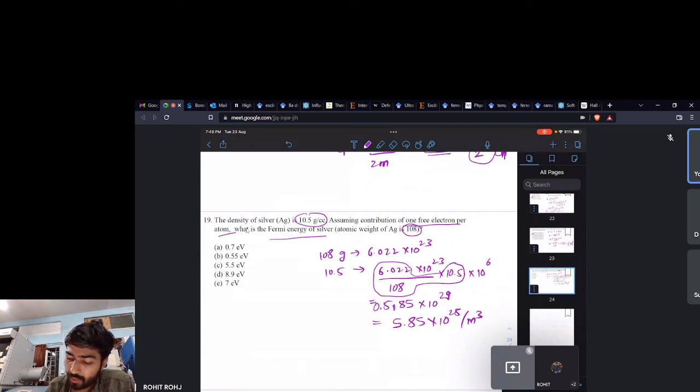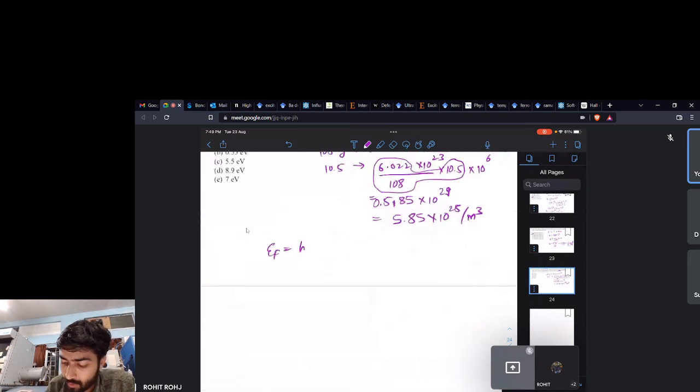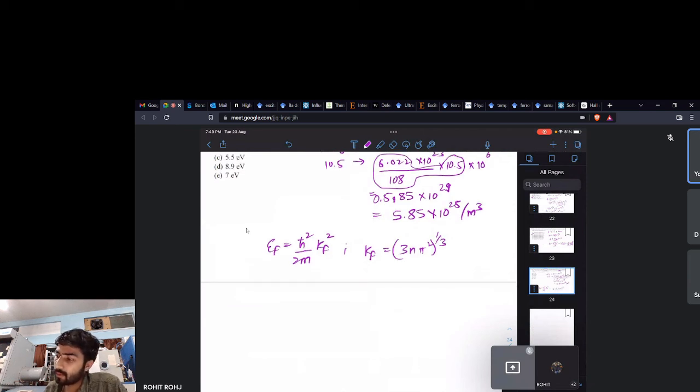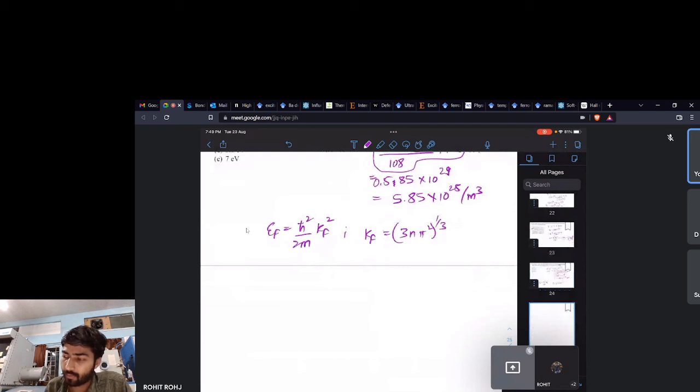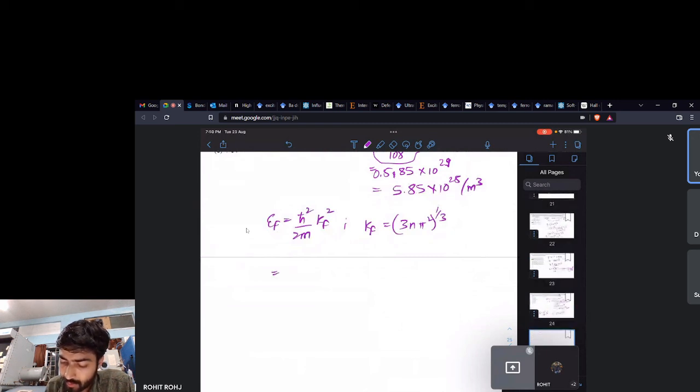And to calculate the Fermi energy of silver, we have this relation with us, h cross square Kf square by 2m. Now further, Kf is related to number density by the following relation. Okay, so let us plug in these values and find out. Now h cross is nothing but h by 2 pi, so I'll write it in this form.